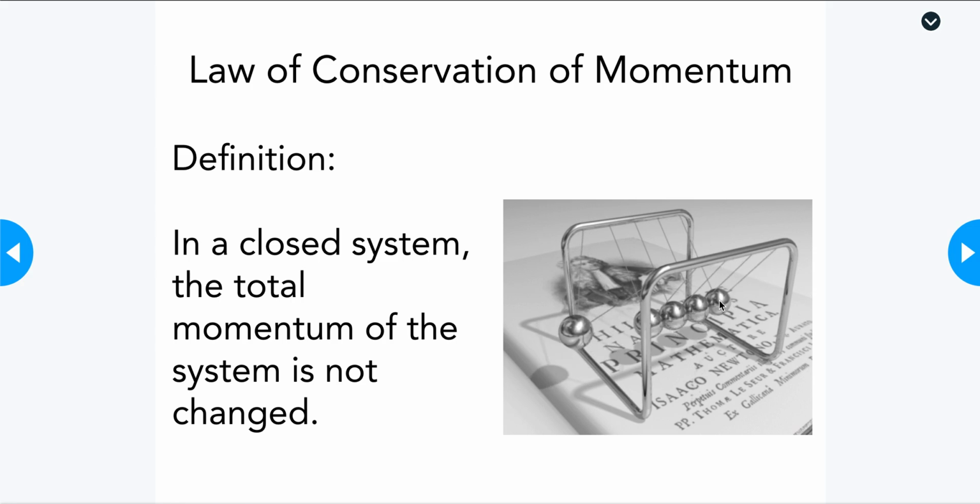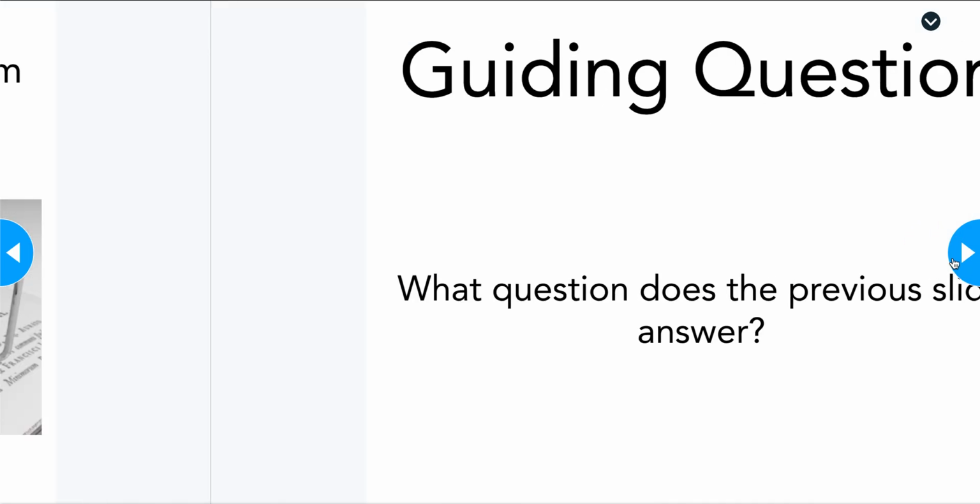What we're seeing here is that the balls have the same mass, and so when it hits, this ball is transferring all of its momentum to this ball, and so it then begins to move at the same velocity. If you use two balls over here, two balls would move over here because they have the same mass as those other two balls, and therefore they maintain momentum. So that is the law of the conservation of momentum.